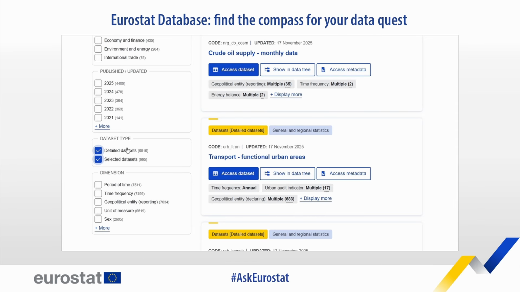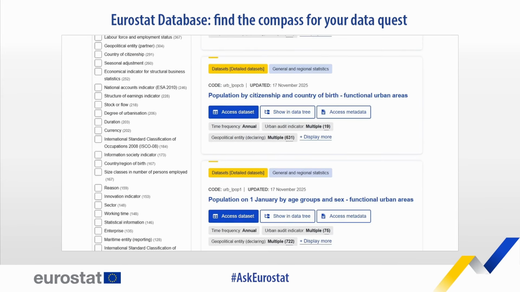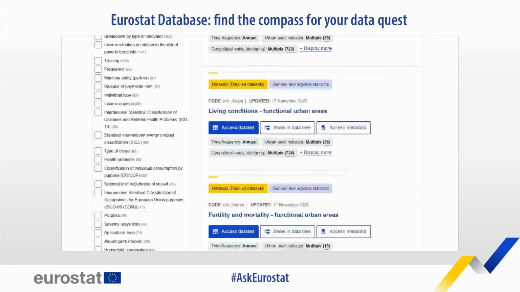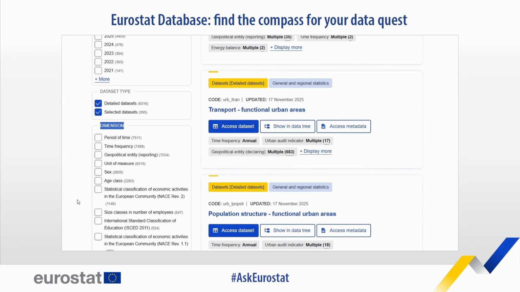But the filters that usually make the biggest difference are the dimension filters. These allow you to restrict the results to datasets that include a specific breakdown. Once you have pre-filtered your results as needed, you can add specific keywords and the results will still respect the filters you have applied.